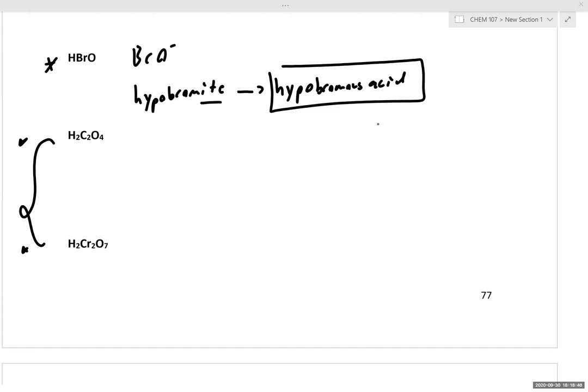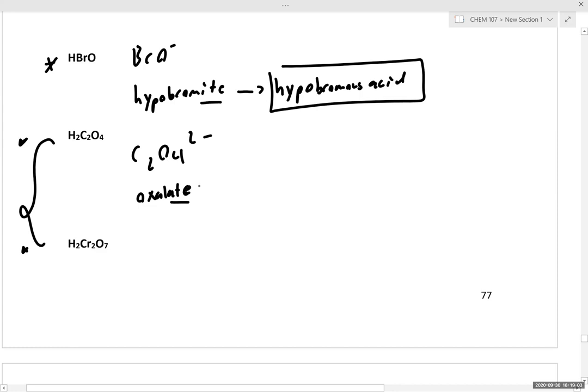Okay, so let's look at our base polyatomic ion. C2O4 2 minus is known as oxalate. ATE is replaced with IC, so oxalate turns into oxalic acid.